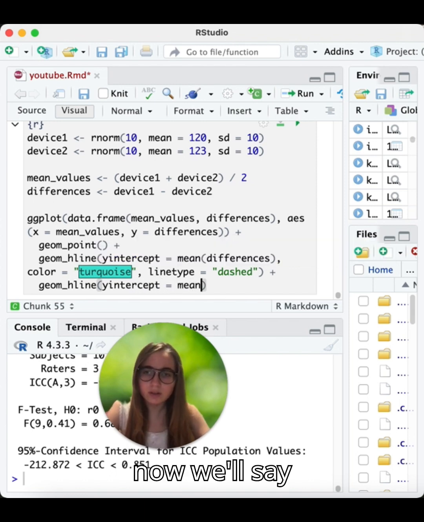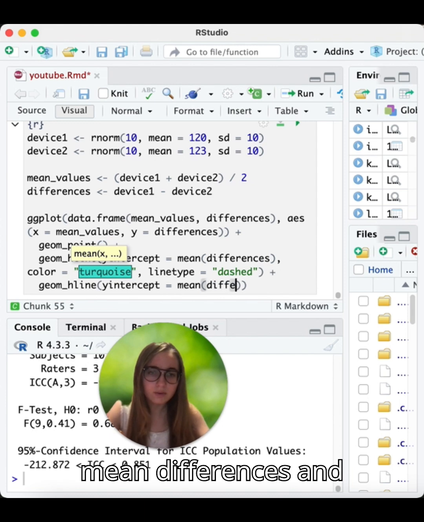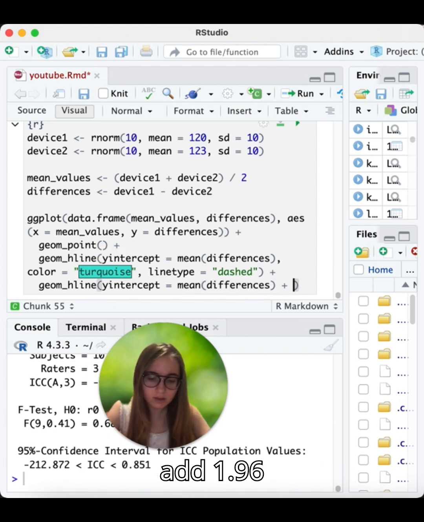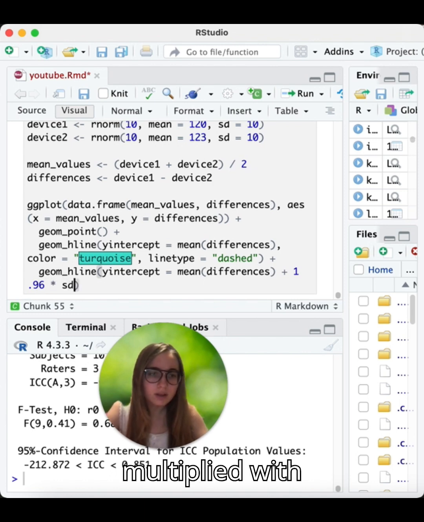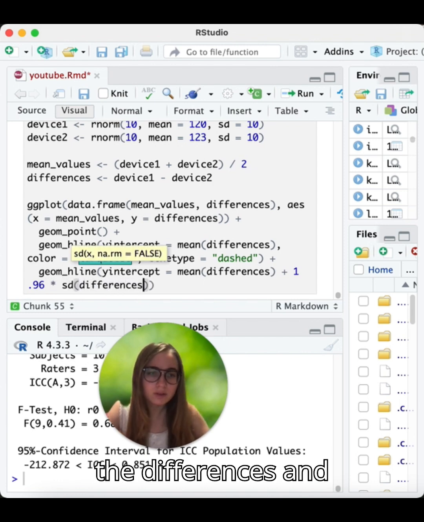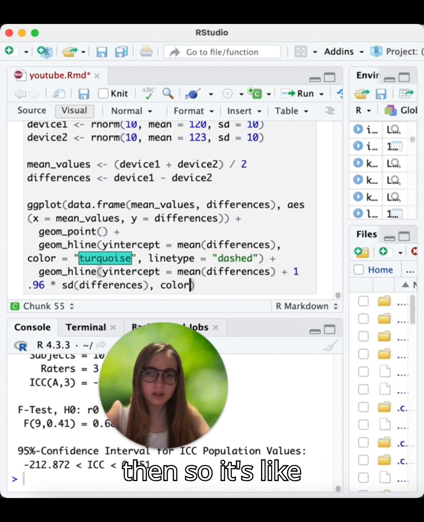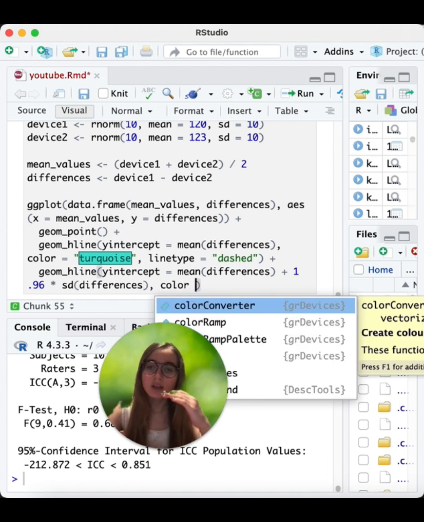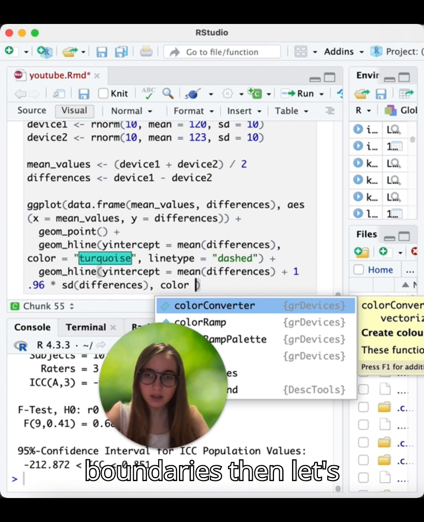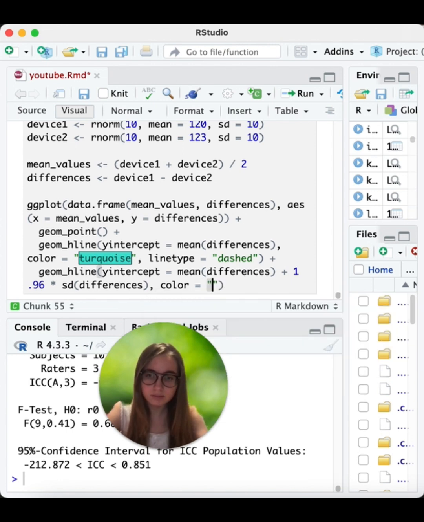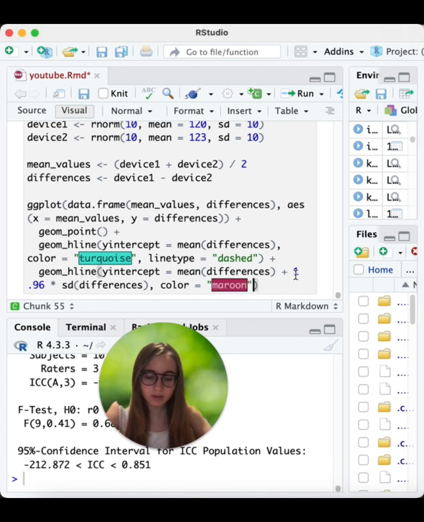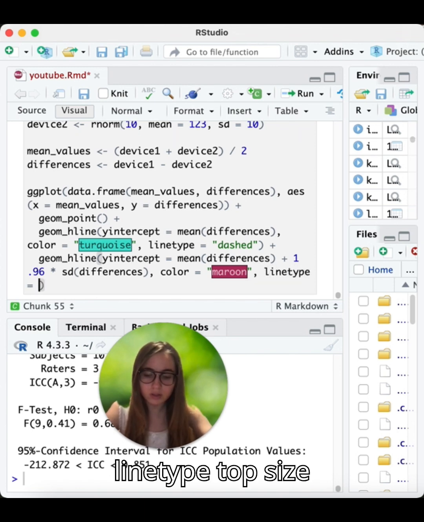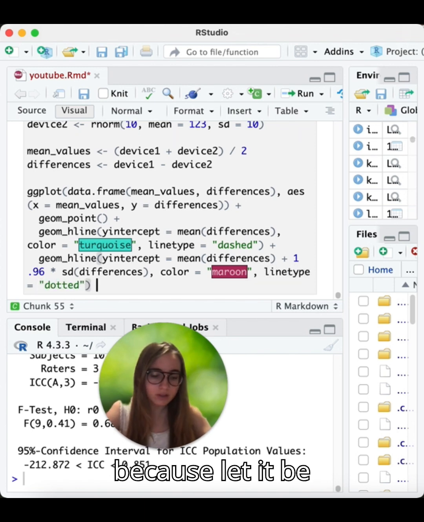Now we'll say mean of differences and add 1.96 multiplied by the standard deviation of the differences, so it's like a confidence interval. We'll get the boundaries. Let's make this color maroon, and let's make the line type dotted so it's different.